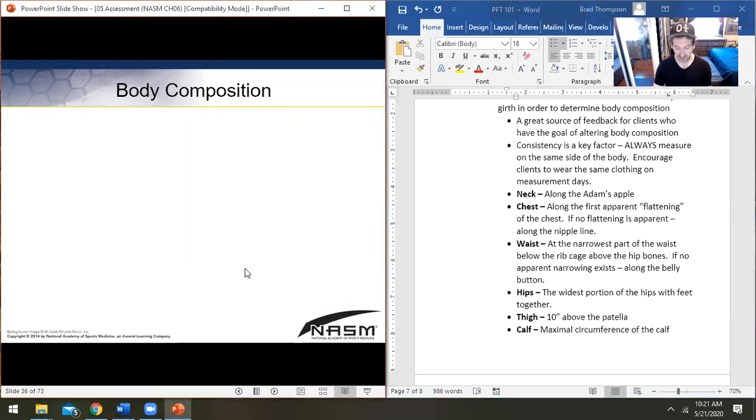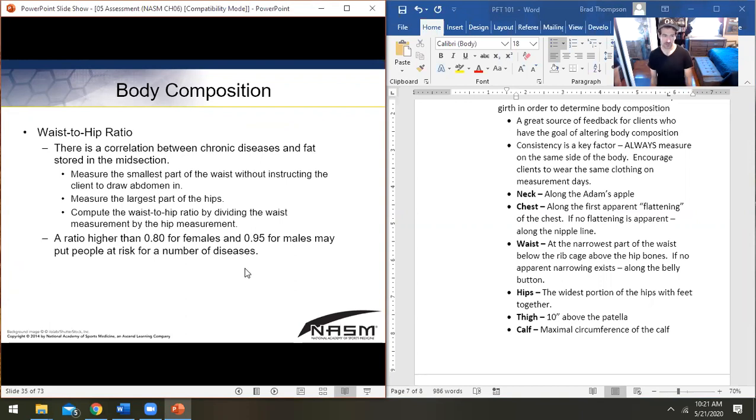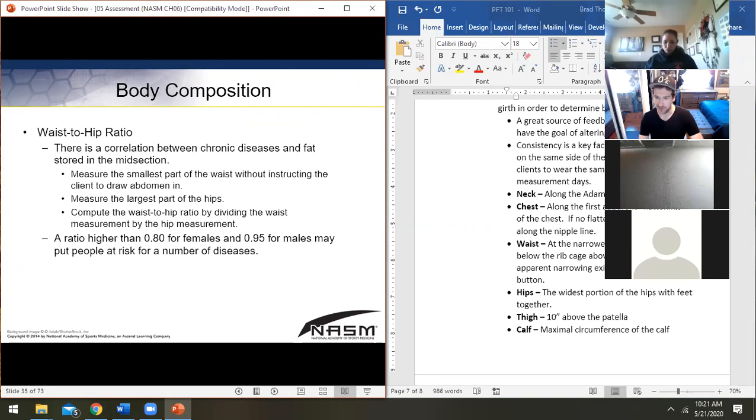Now that leads me to our waist to hip ratio, which is always a cause for concern whenever I get to this slide because NASM's changed these numbers a few times. So, our waist to hip ratio. When you are doing your circumference measurements, the narrowest versus the widest is going to give you a ratio.